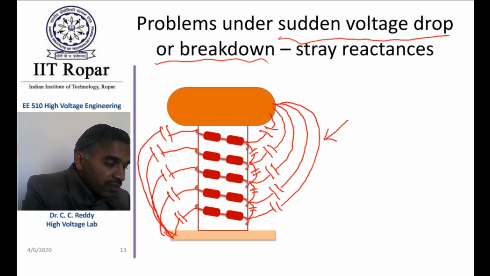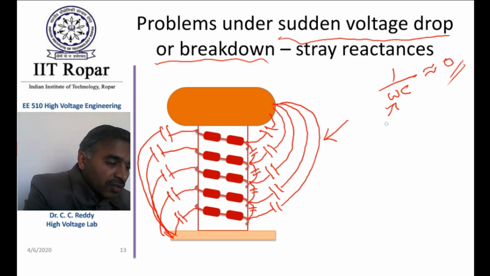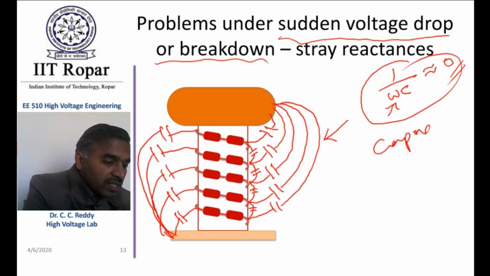Sudden means high frequency. High frequency means capacitive reactance becomes suddenly very small, 1 by omega C, right? Omega is high, so this becomes very small. So whatever comes in parallel, high resistances will be shunted off, and then the voltage distribution is predominantly dominated by the capacitances, right, under certain conditions or under voltage breakdown.